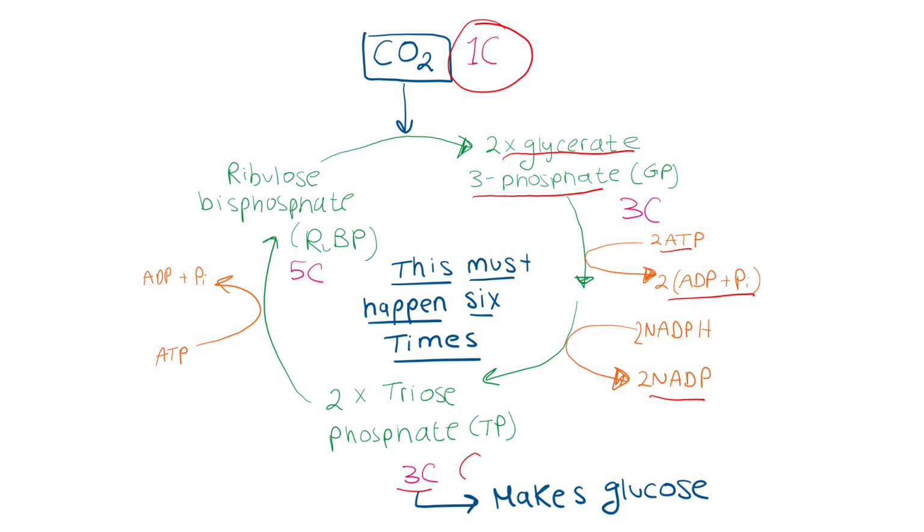We also call it G3P. Now G3P is going to be used to make glucose. We have further ATP to make ribulose bisphosphate to regenerate, and then we have a complete cycle. Now this must happen 6 times to produce 1 molecule of glucose.